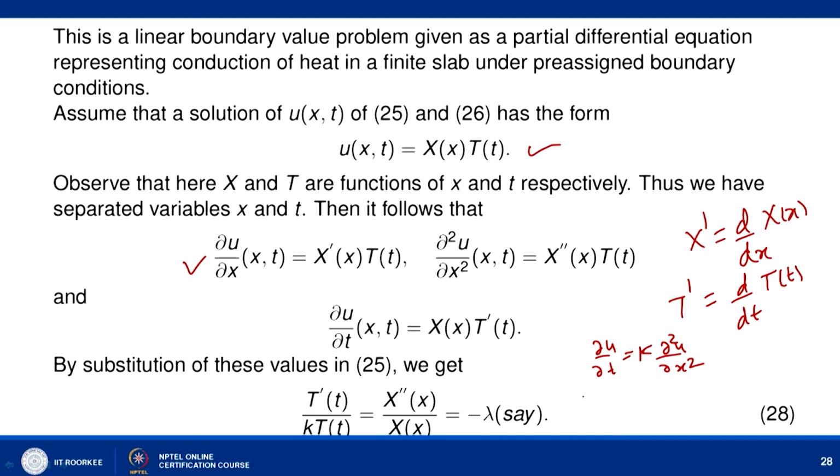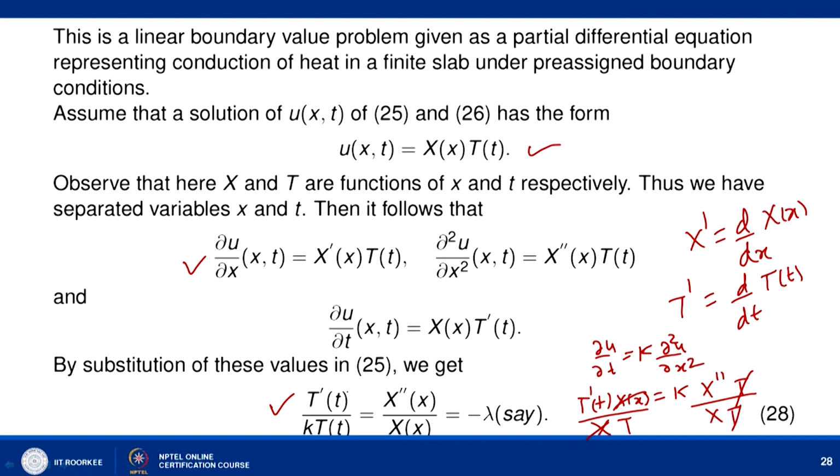When you use this, it is T'(t)X(x) equal to k times X''(x)T(t). Divide by X into T. This will cancel out, and here this X will cancel. So we have T'(t) divided by kT(t) equal to X''(x) upon X(x).